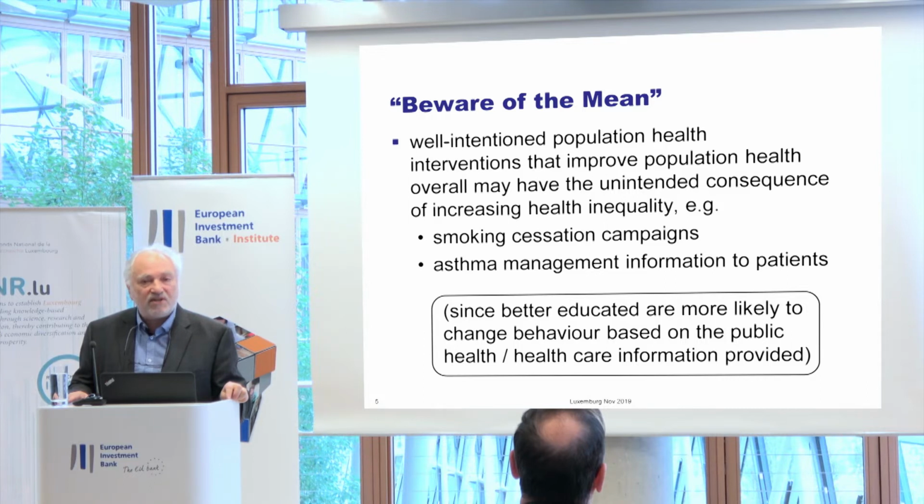But because the better educated segments of the population are more likely to take up and change their behavior based on that information, while overall it may raise the level of health, reduce the amount of asthma, or reduce the amount of smoking and associated lung cancer and heart disease, it also may increase the degree of inequality as the better off people improve their health to a greater degree.